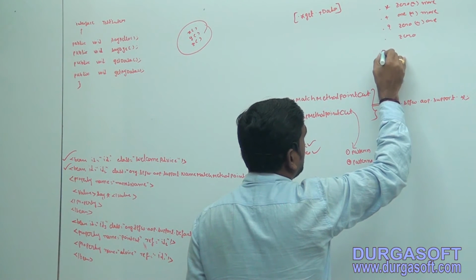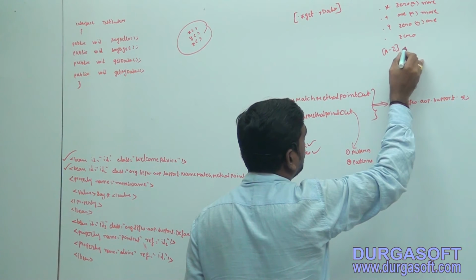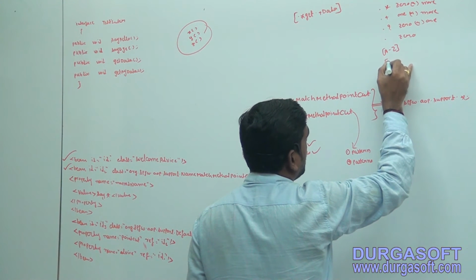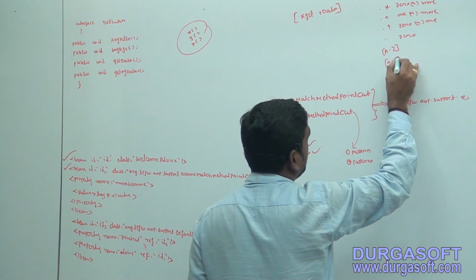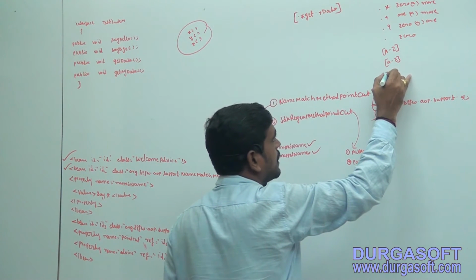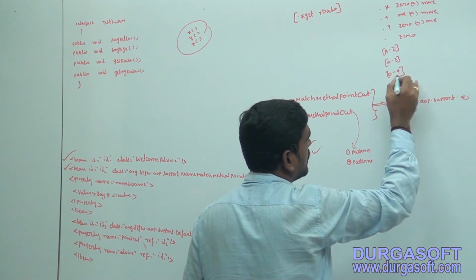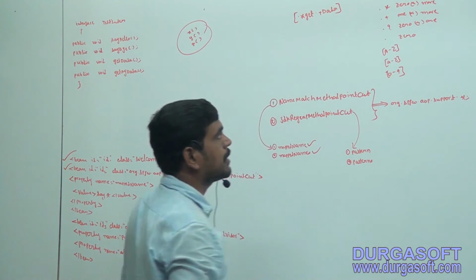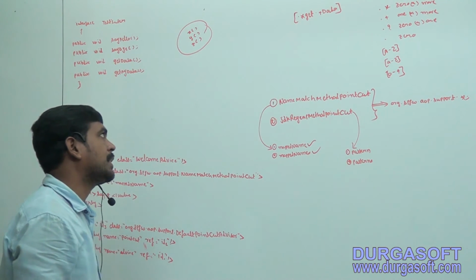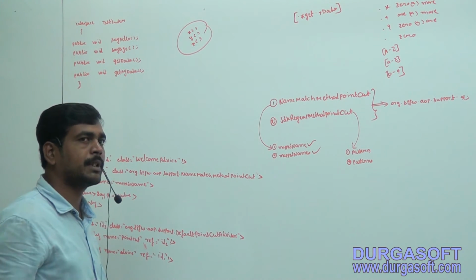Maybe our business method is going to be satisfied by capital A to Z, maybe by small a to z, like this. Maybe by a digit. Okay, some symbols we can use and construct the regular expression. By passing that regular expression also we can compare our business methods.